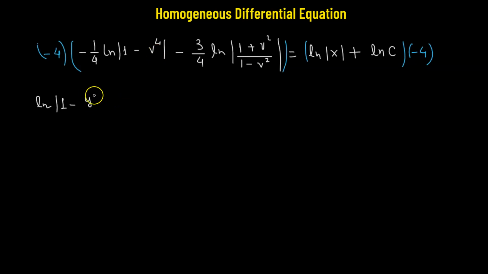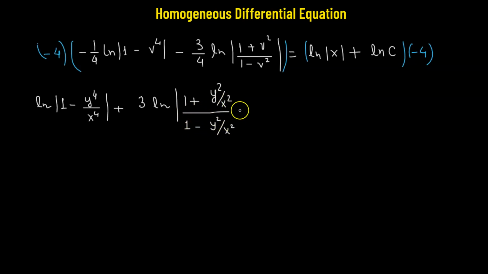So we have y raised to the power of 4 divided by x raised to the power of 4, plus 3 times natural log of 1 plus v squared, so that will become y squared over x squared, whole divided by 1 minus y squared over x squared, and that's equals to negative 4 times natural log of x, negative 4 natural log of c.